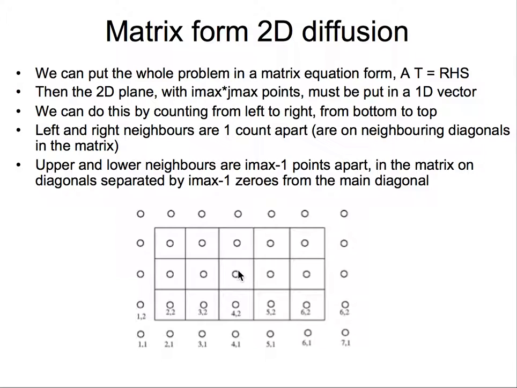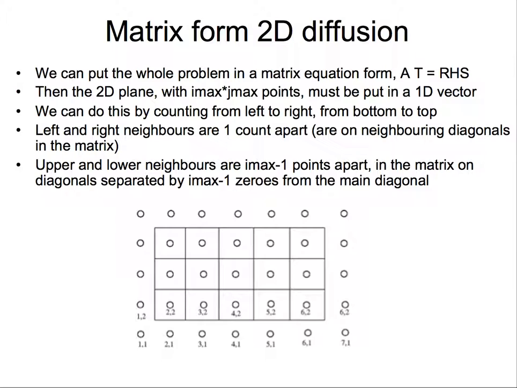Well, at the top I have to increase my index with 1, 2, 3, 4, 5 with respect to the index for my central point, and for the point at the bottom I have to decrease my index with 1, 2, 3, 4, 5.